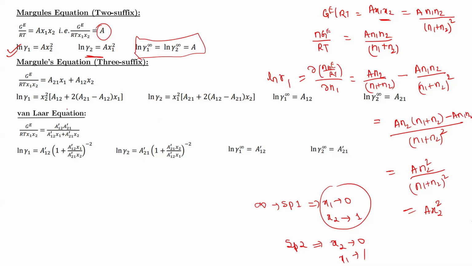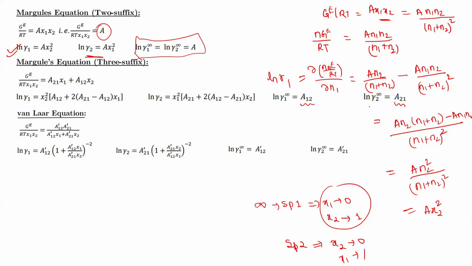The similar thing can be done for the Margules equation 3 suffix, where we have two different parameters, which are A12 and A21. Where the infinite dilution value for gamma 1, for species 1, is given by A12, and for species 2 it is given by A21.